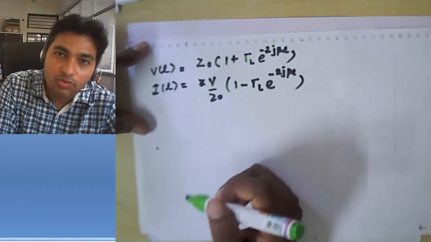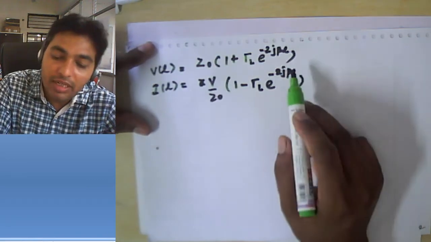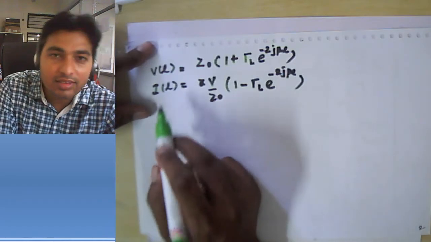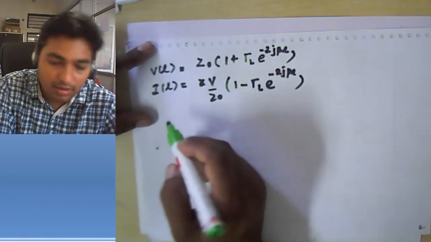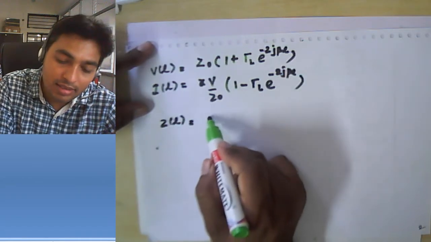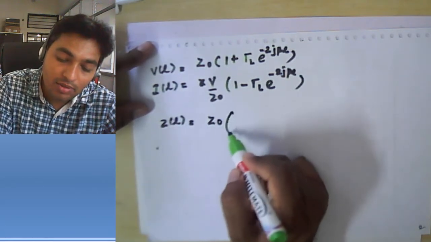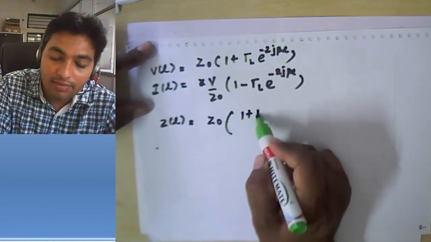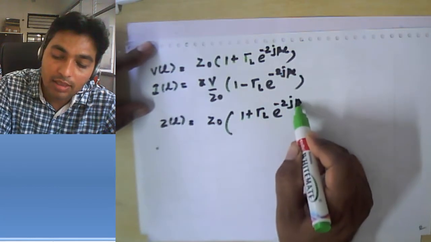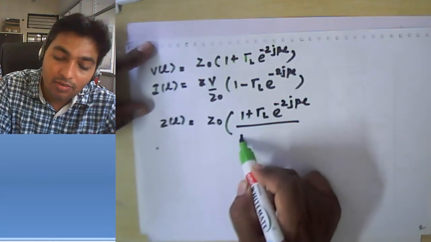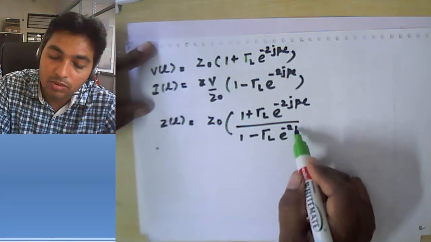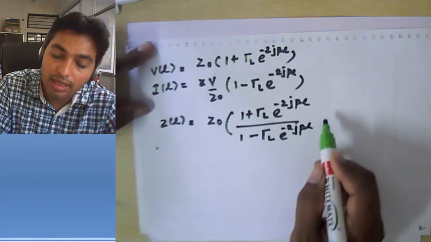Now if you want to find the impedance at any point on the line, we have already seen this. We'll take the ratio of voltage divided by current. It will give us the impedance at any point on the line, that is Z0 times 1 plus the reflection coefficient at the load e raised to minus 2 j beta l divided by 1 minus the reflection coefficient at the load e raised to minus 2 j beta l.